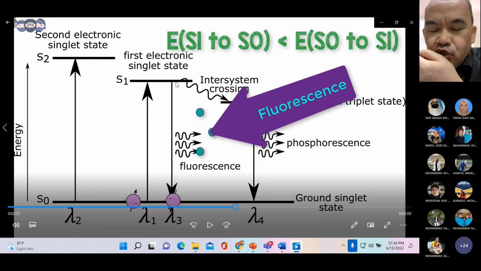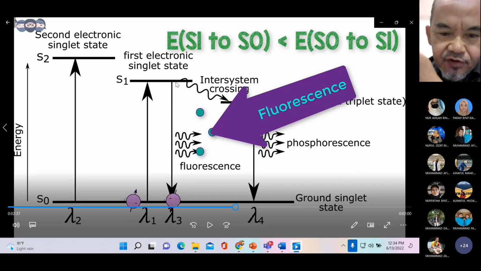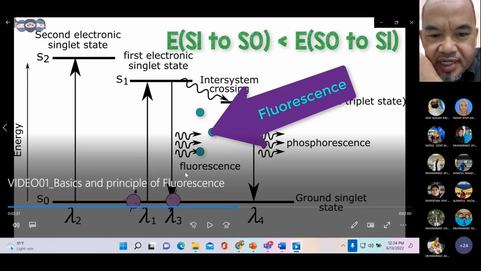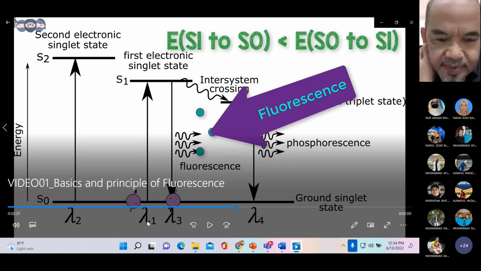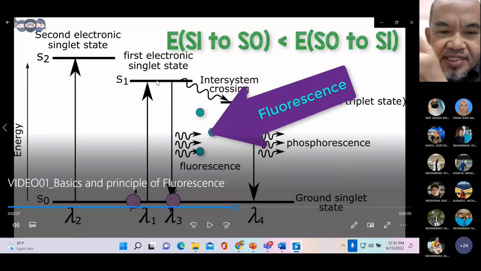Jadi kalau 90 ni terus di-convert kepada fluorescence, agak-agak fluorescence akan appear pada panjang gelombang lebih tinggi ke lebih rendah daripada lambda 1? Tadi asal lambda 1 kan? Sekarang ini tenaganya 100. Sampai dekat atas ni 10 telah dibazirkan dalam bentuk haba, tinggal 90 saja.